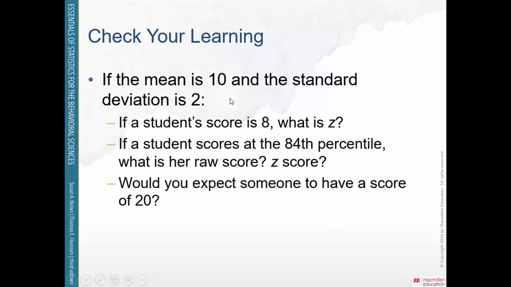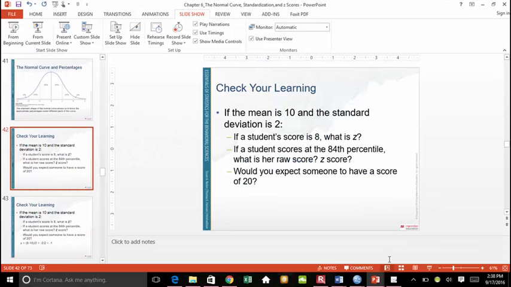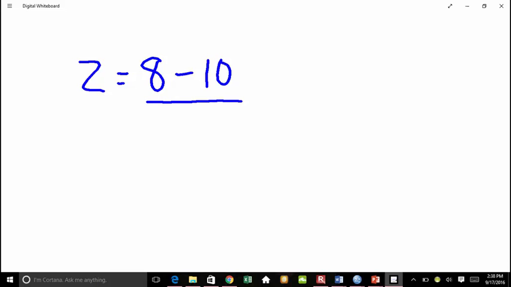So if the mean is 10 and the standard deviation is 2, and a student's score is 8, what is the z-score? So you can calculate the z. We said you're looking for a z. The student score is 8 minus the mean of 10 over the standard deviation of 2.